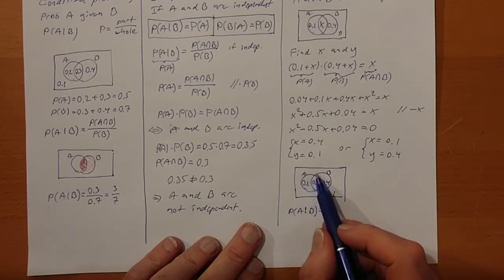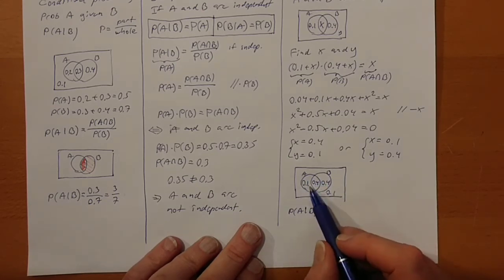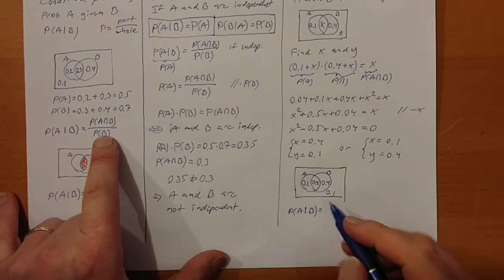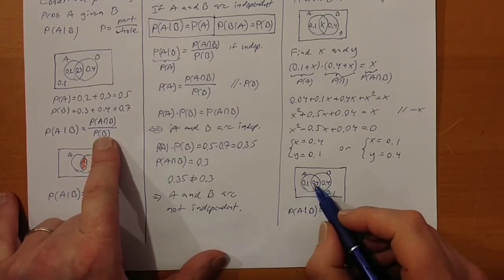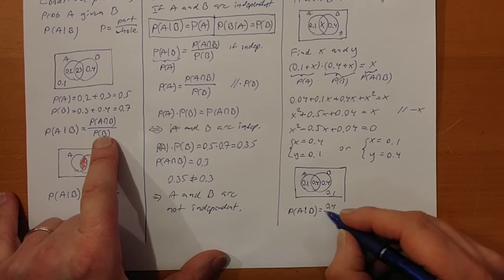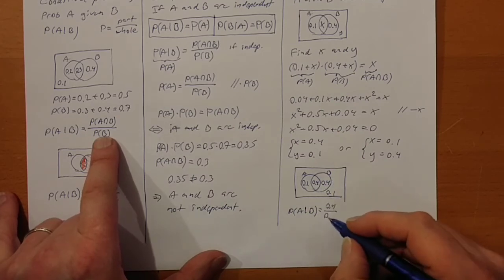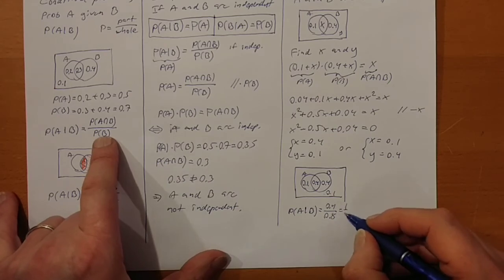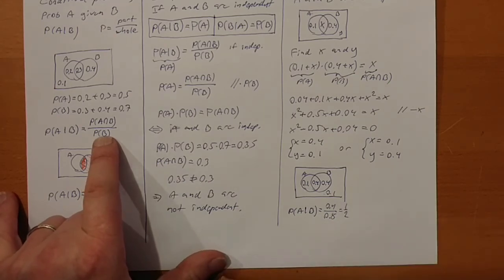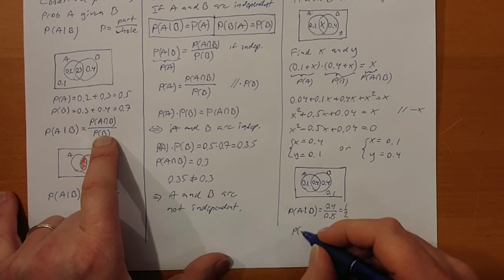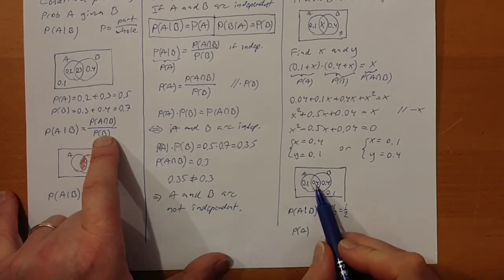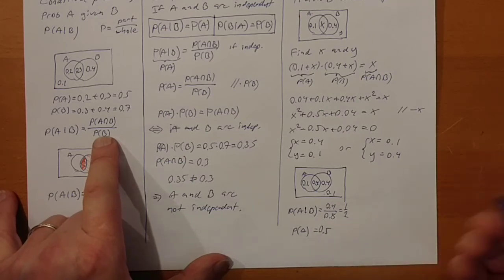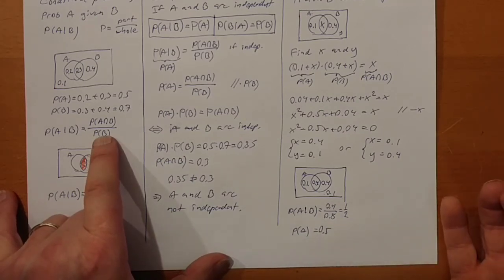Now we resort back to this formula. We will get that it's 0.4 over the total there, which is 0.8, and that will give us a probability of 1/2. But what is the probability for A to happen? 0.4 plus 0.1 is 0.5, so indeed we have 1/2.